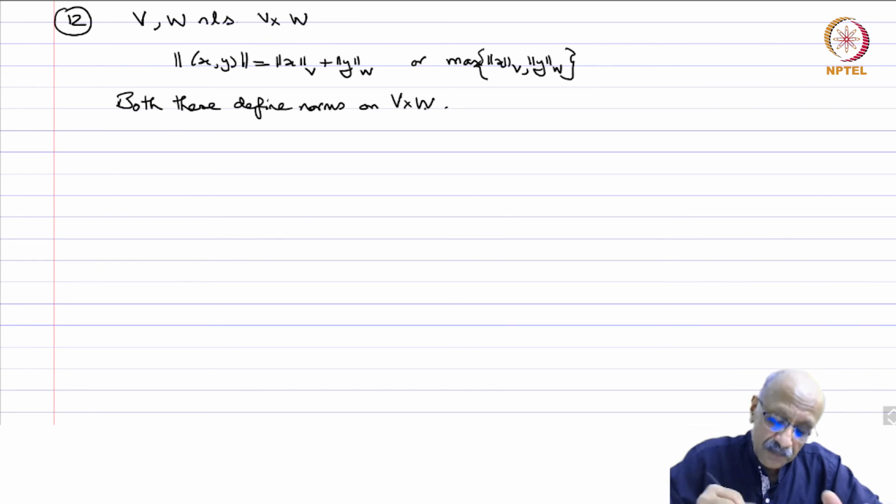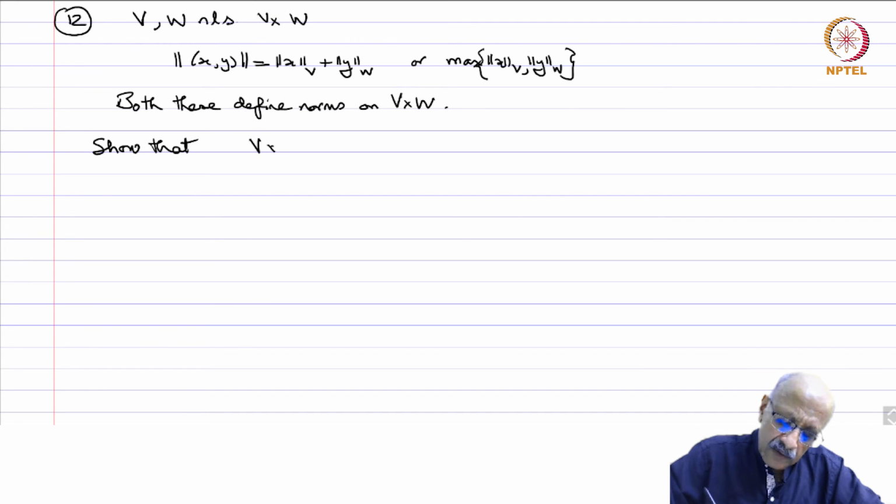On any product space you can at least have these two. You can have many more. Show that V cross W with the norm, the dual of that is nothing but V star cross W star.